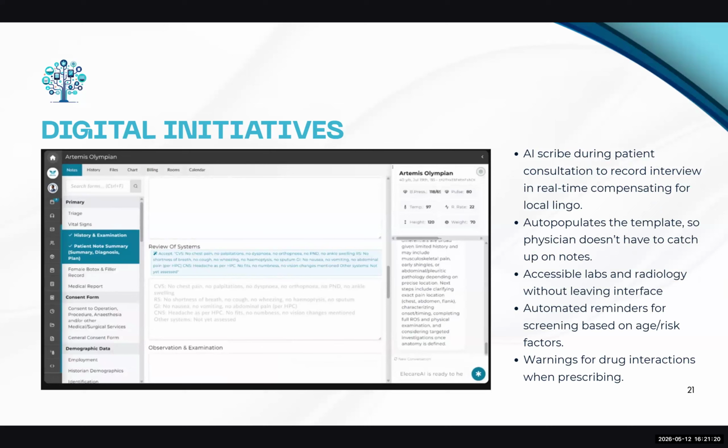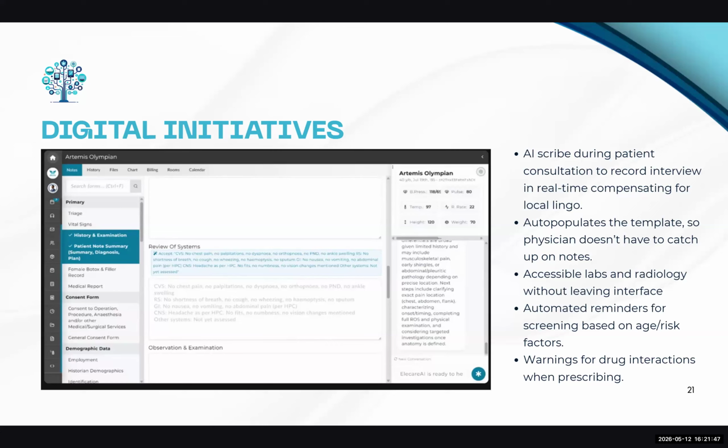So the AI scribe basically records the conversation between the doctor and the patient and puts it down into the notes. Now the benefit for that obviously is greater clinical time, and the common complaint from patients, you know, the doctor is writing notes and not looking at me. So therefore the value is increased and the consistency of the record keeping is increased as well. So the AI goes ahead and auto-populates the template, so the physician doesn't have to go through all of that and spends more time with the patient.